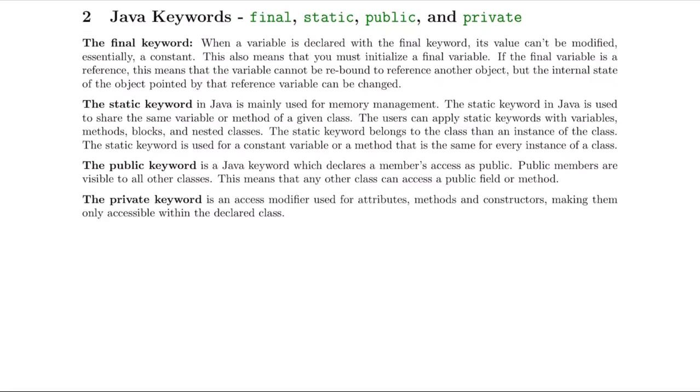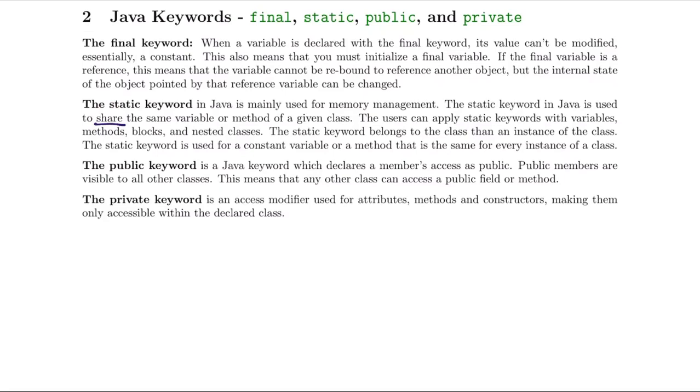Now the static keyword. In Java, it is mainly used for memory management. The static keyword is used to share the same variable or method of a given class. The keyword here is share. If a variable is assigned as a static variable, it's the same variable that is shared within a given class.